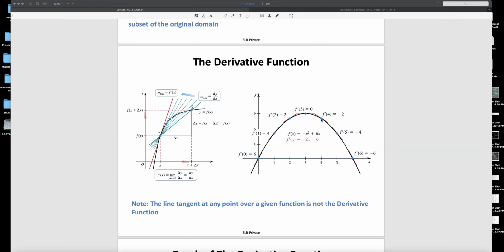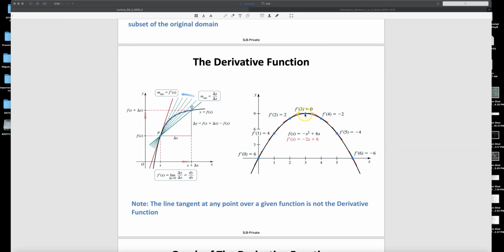Well, the slopes are negative. Okay? So you can see here this red line, which is the tangent line at this point. Well, that slope is negative. In here, the slope is negative. And in here, the slope is negative. What is the conclusion of that? That whenever the function is decreasing, the derivative is negative.